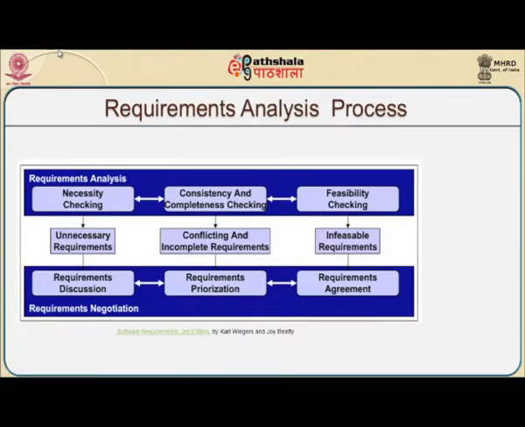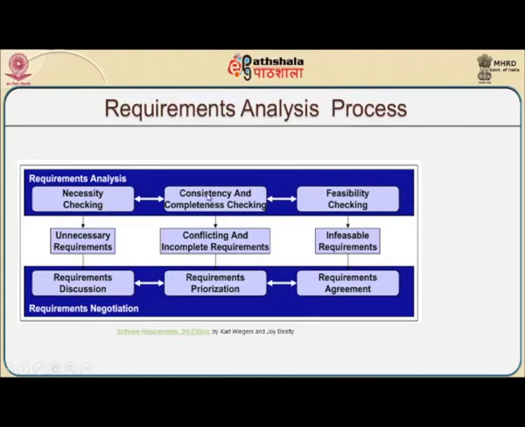So this is the basic process that happens during the requirements analysis phase, between requirements negotiation and analysis, and the list of activities that happen. As I have indicated earlier, it passes through a necessity check, where the unnecessary requirements are taken for discussion.